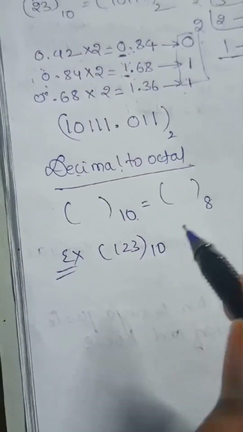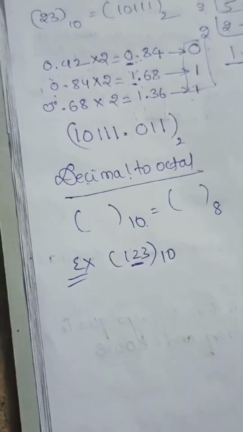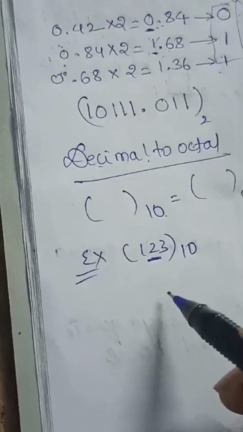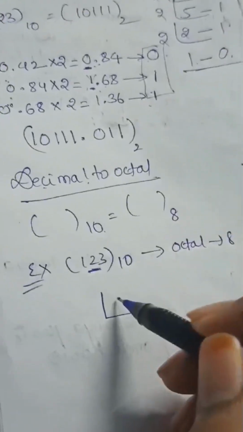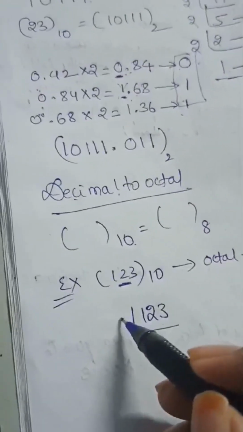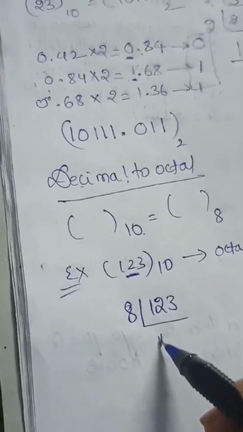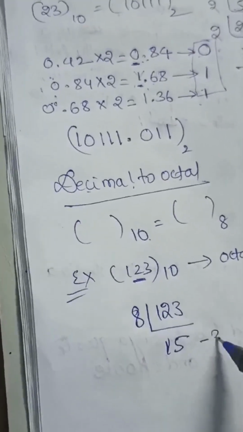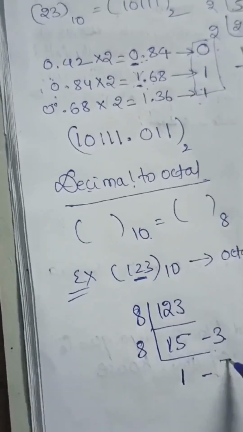First we should convert this number into an octal value. The octal base is 8. So 123, we will divide by 8. 15 eights are 120, remainder is 3, and 8 ones are 8, remainder is 7.